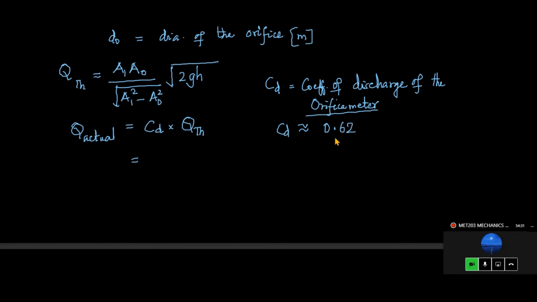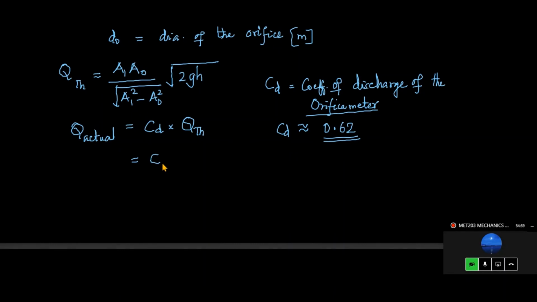In your practical laboratory sessions, you can experimentally evaluate these values. It is found to be between 0.61 and 0.64. Even if it's not given, you can take 0.62 for an orifice installed in a circular pipe for flow measurement.